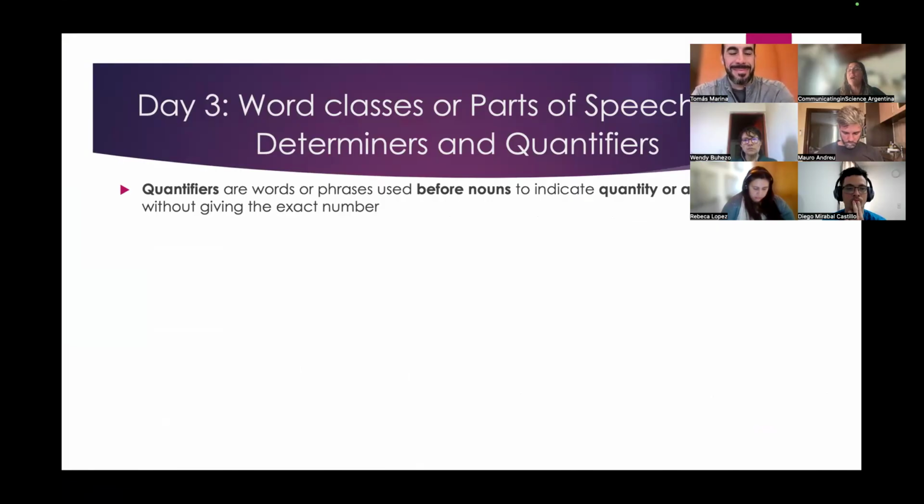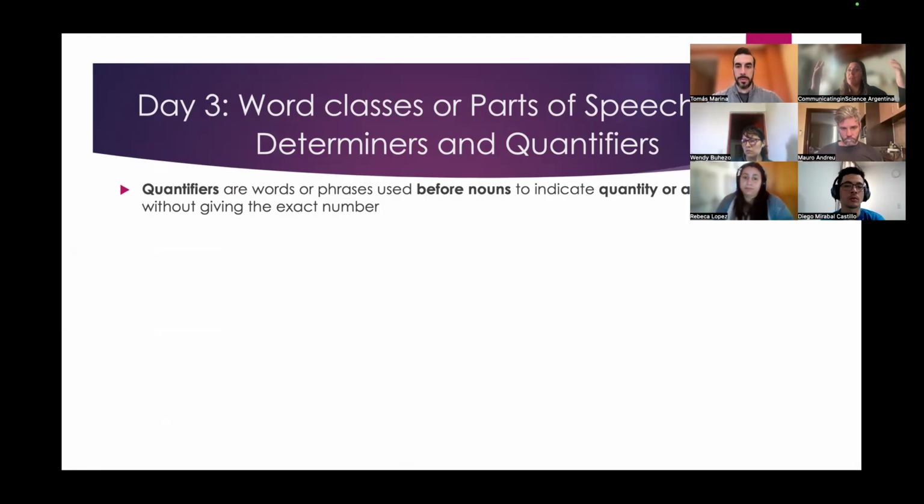We use quantifiers before nouns to indicate quantity or an amount of something without actually giving a number. Instead of saying, I have 5 papers, I can say I have some papers, several papers, many papers. Several, varios, some, algunos, many, muchos.